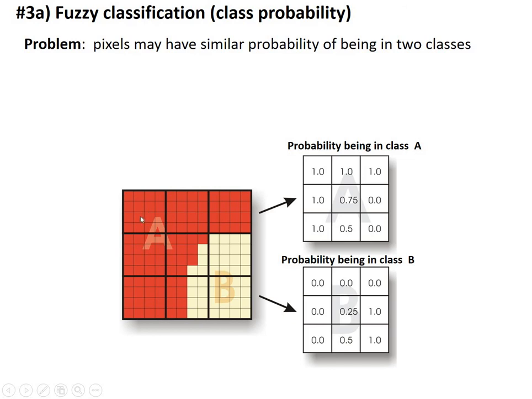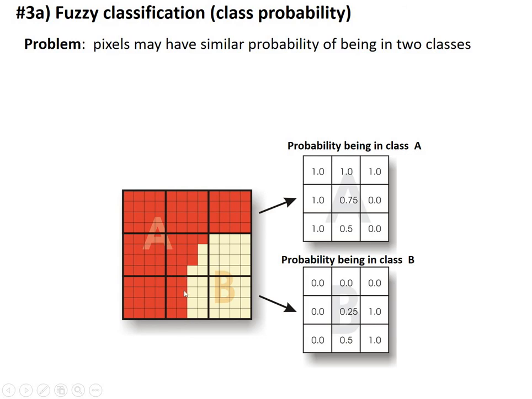So look at this example. These are big pixels that are subdivided into smaller grids. So this pixel is 100% A. This pixel down here is 100% B. But these two pixels are mixed, okay?